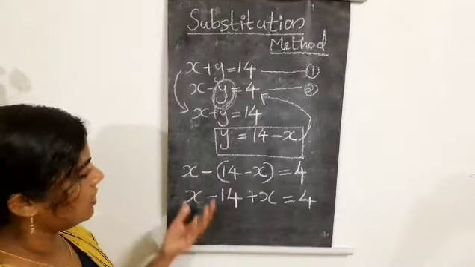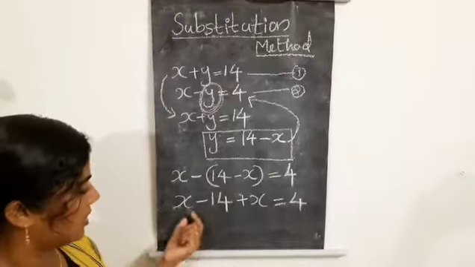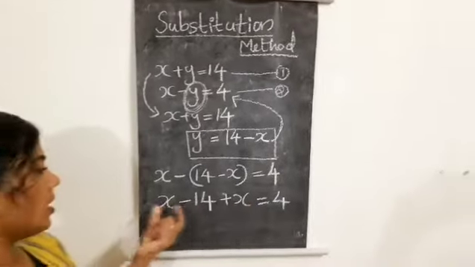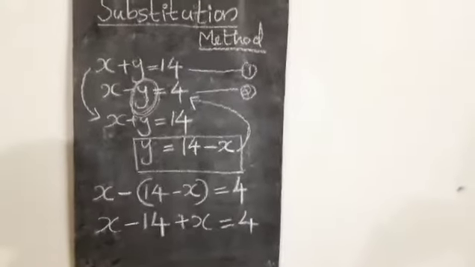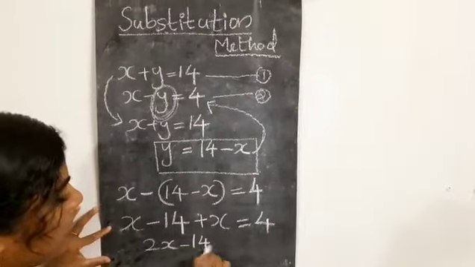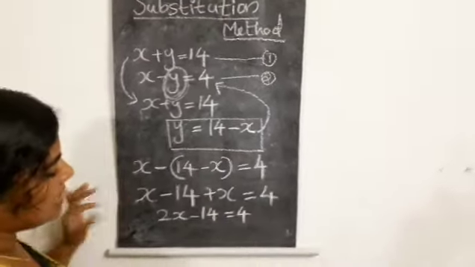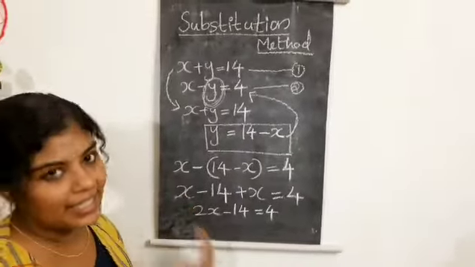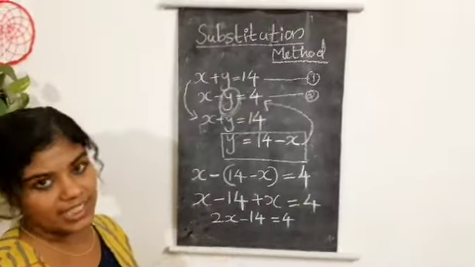So the next step, as we know, two x's are there. Here the sign is plus, here also the sign is plus. So we can write it as 2x. So 2x minus 14 equal to 4. As I said before, what we need is to find x.